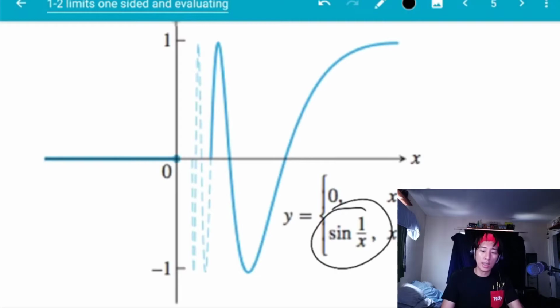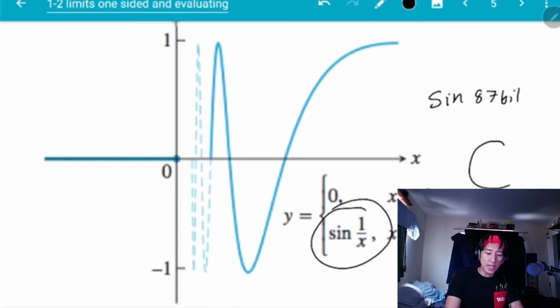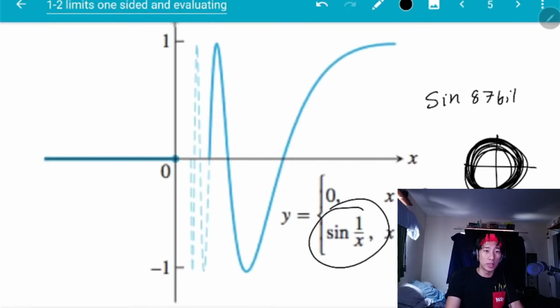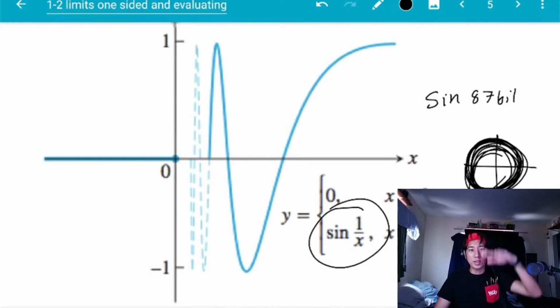But the interesting thing about sine is if I have sine of like 87 billion, then, as you all know from your sine charts and your unit circles, all you're going to do is keep going around in a circle over and over again. Your number is going to start off at 0, then go to 1, then 0, then -1, then 0, then 1, then 0, then -1, then 0, then 1.